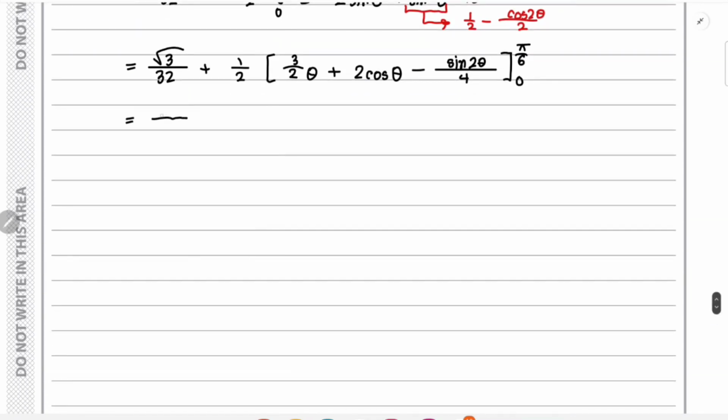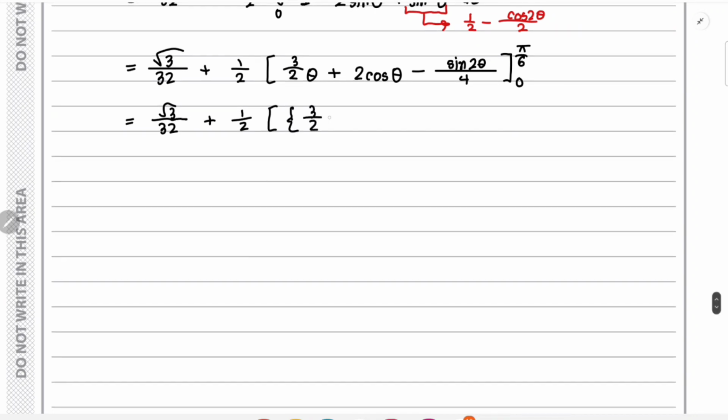It'll have root 3 by 32 plus half, plus 3 by 2 times pi by 6 plus 2 cos pi by 6 minus sine pi by 3 by 4, and from 0 you'll have just minus 2.